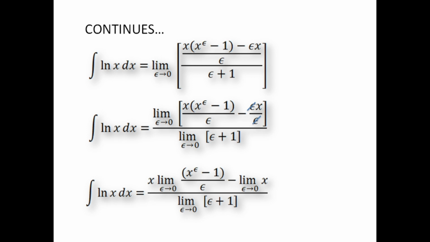There we have divided out the separate terms: x times (x to the power epsilon minus 1) divided by epsilon, minus epsilon x by epsilon. So that epsilon cancels out nicely, and now we apply a limit to every individual term in the numerator and the denominator.